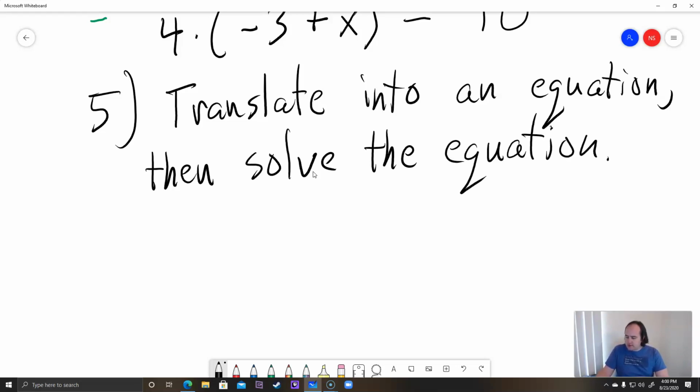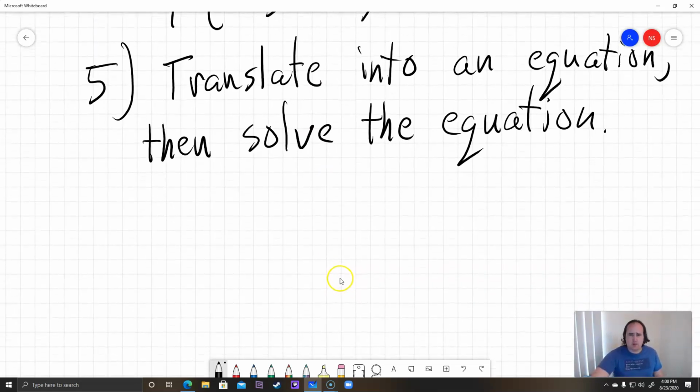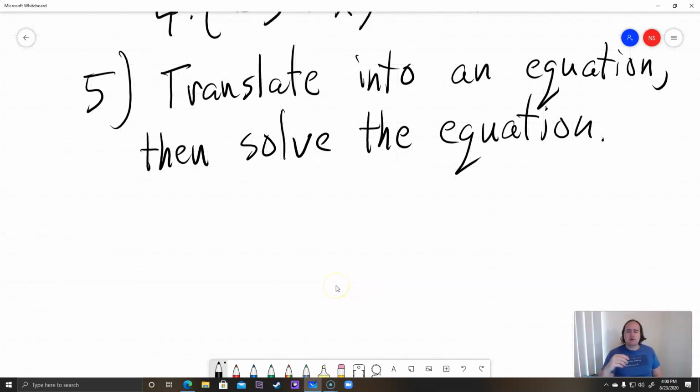So new instructions. Now not only do they want us to translate it, but after we translated it, they want us to solve that equation that we wrote down. And some of your later homework problems are like this. A lot of the earlier ones, though, you're just translating. But I think the last 5 problems on your homework, you're going to actually have to also solve. So that'll be an extra step.